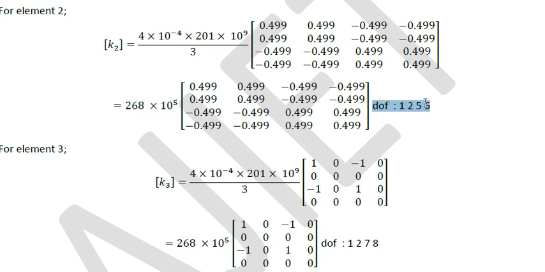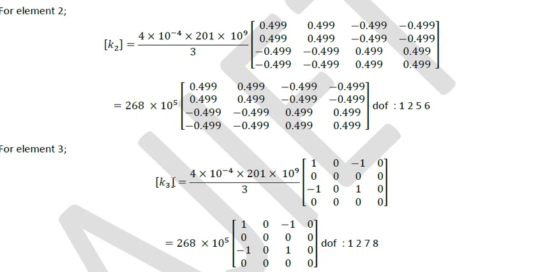The initial node for element 2 is 1 and the final node for element 2 is 3, that is why the degrees of freedom are 1, 2, 5, 6 for element 2.